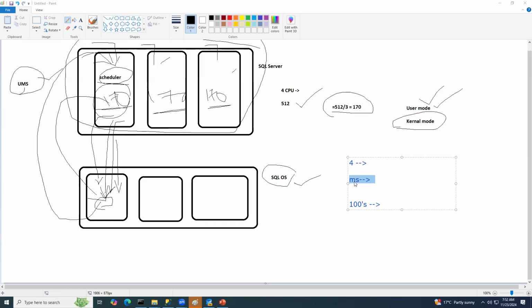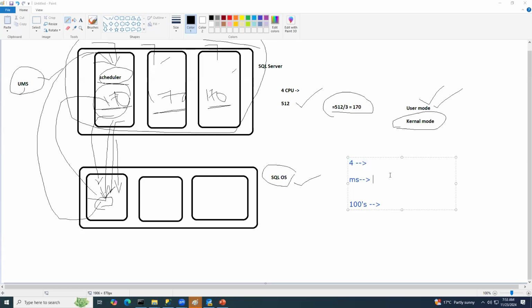If that is the case and your CPU doesn't have sufficient CPU cycles to go ahead and execute the queries, you will have to consider increasing the number of CPUs.